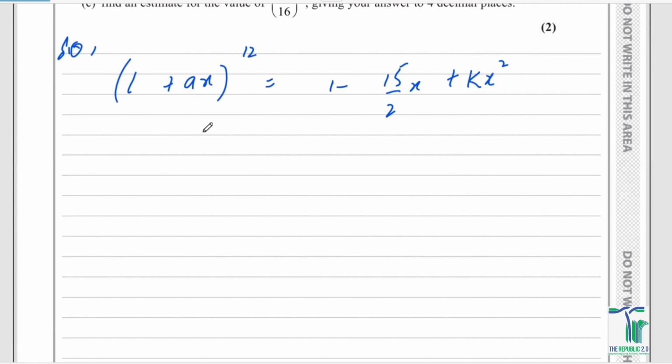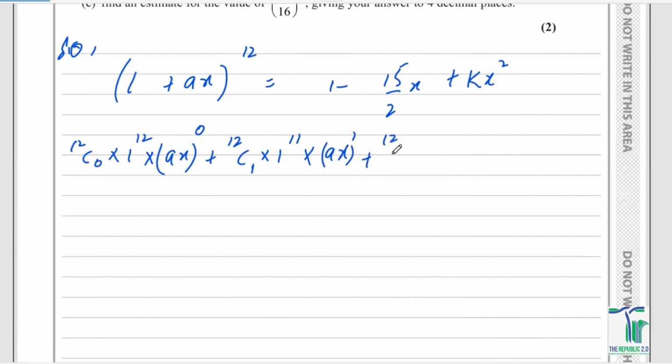If you simply think about the binomial expansion, it has to be 12c0 times 1 to the power of 12 times ax to the power of 0, plus 12c1 times 1 to the power of 11 times ax to the power of 1, plus 12c2 times 1 to the power of 10 times ax to the power of 2, and I'm going to keep it equal to 1 minus 15 by 2 x plus kx squared, right?